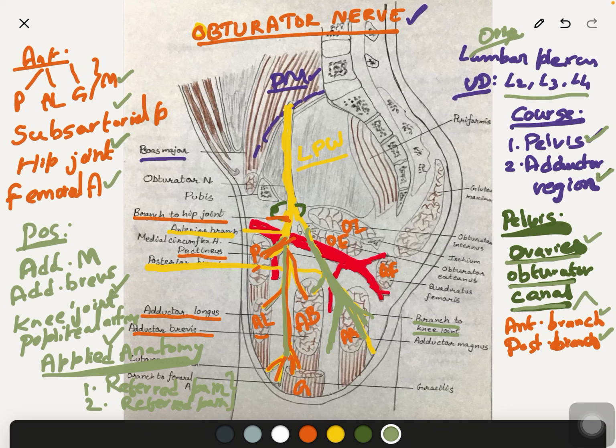So referred pain is an important applied anatomy in the obturator nerve. So we have completed the obturator nerve in detail. It is a very short essay, and it's very interesting to learn its course in the pelvis and in the medial side of the thigh.